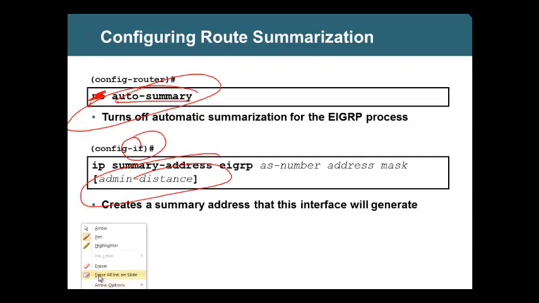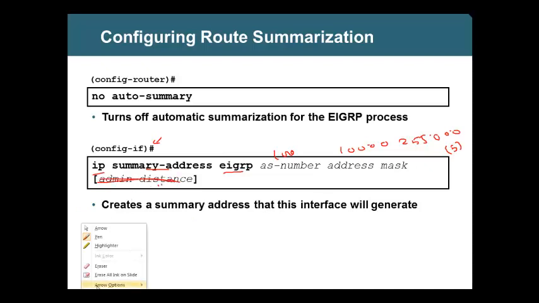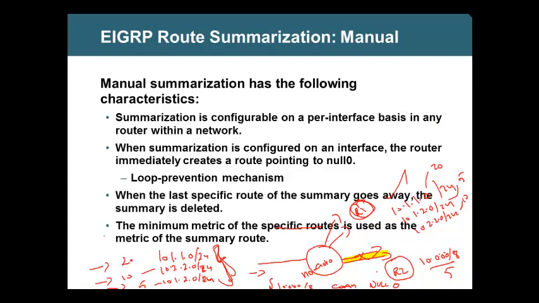This is the syntax: go to the interface and say ip summary-address eigrp 100 10.0.0.0 255.0.0.0. The administrative distance for this will be 5 by default. If you want to mention something else, you can. If you don't mention that 5, it is okay. It will give 5 by default.